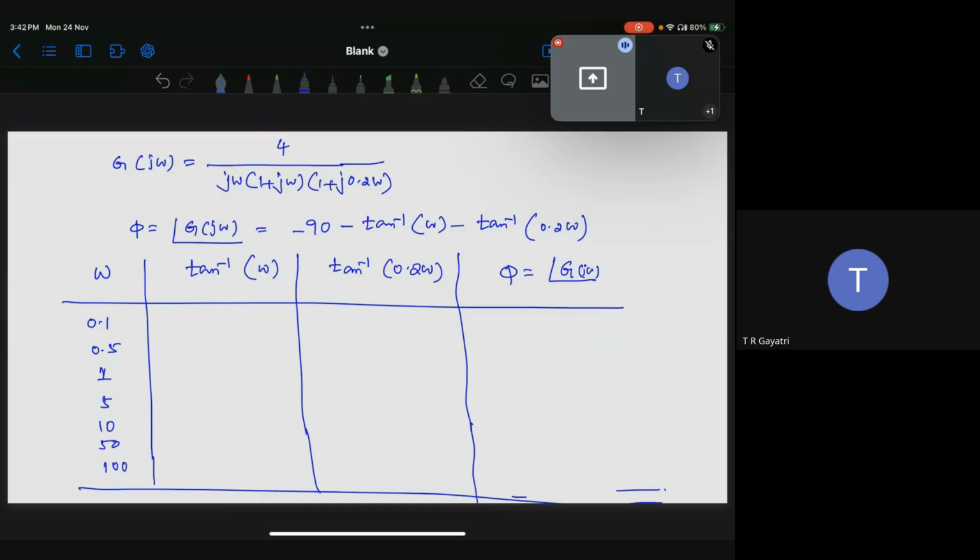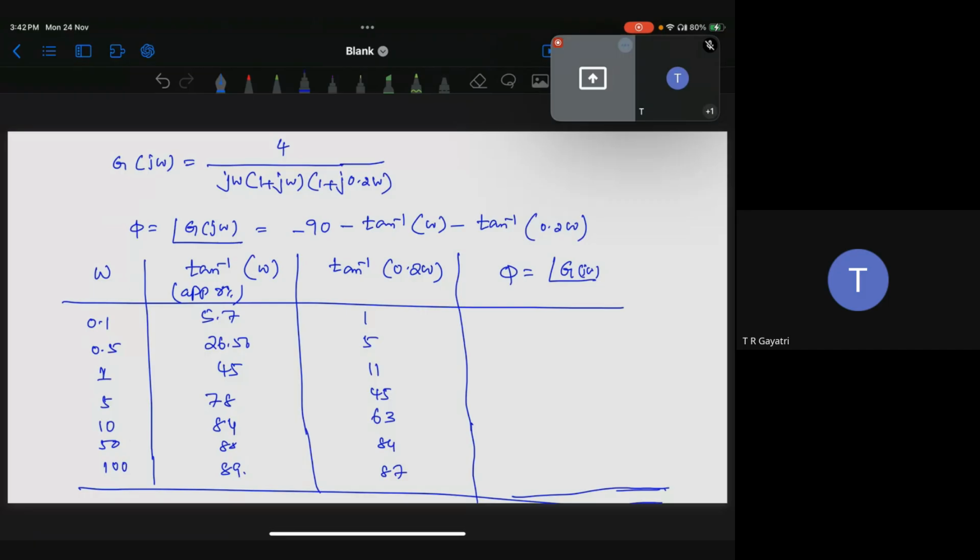If you calculate them, you'll be getting this one as 5.7, 26.56, 45, 78, 84, 88, 89. Okay, so these are approximated values. Similarly this one is 1, 5, 11, 45, 63, 84, 87.